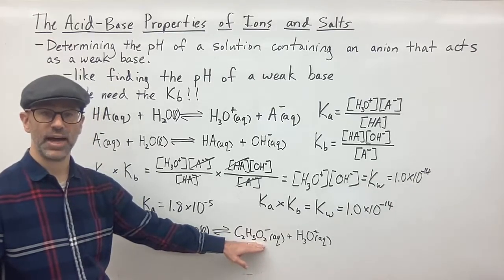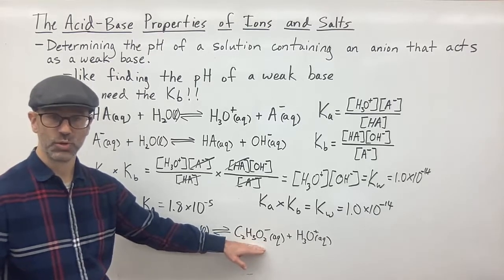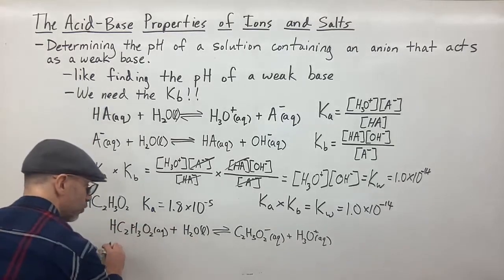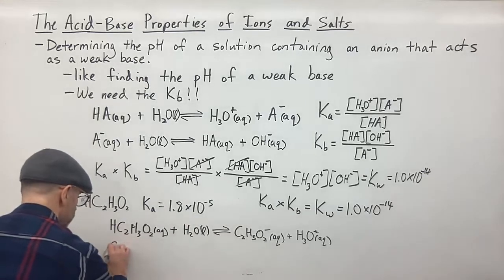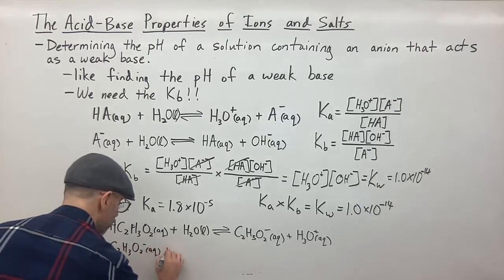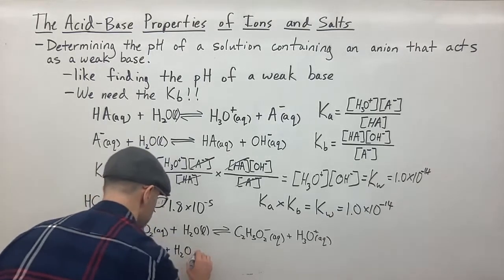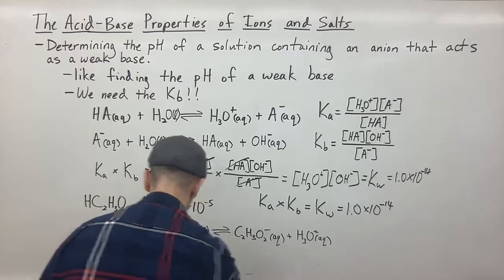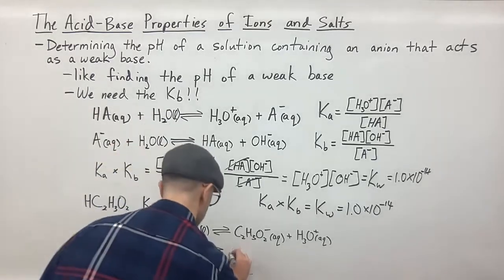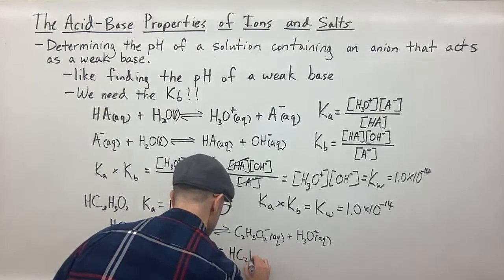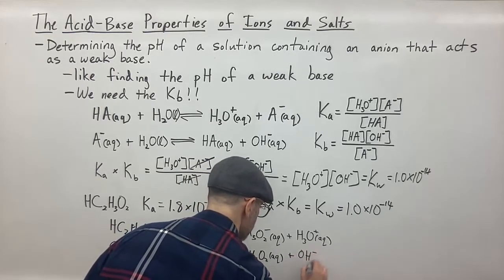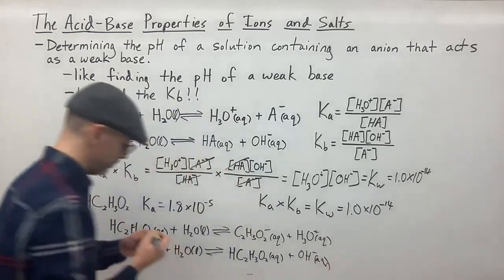So if I wanted to find out, say for example, the Kb of this weak base, the reaction with the base would be C2H3O2 minus aqueous plus liquid water, in equilibrium with, it's going to take a hydrogen from the water, so it's going to reform the acid, HC2H3O2 aqueous plus OH minus aqueous.